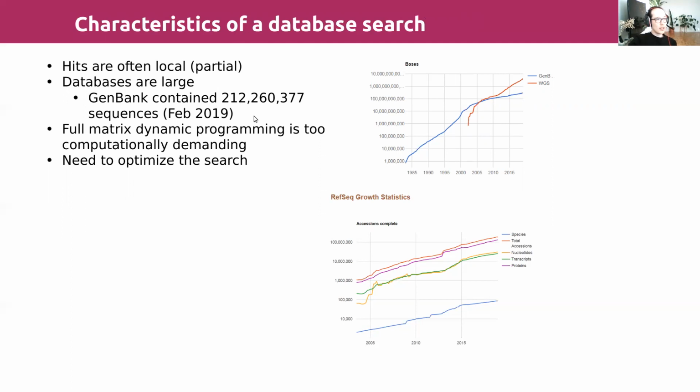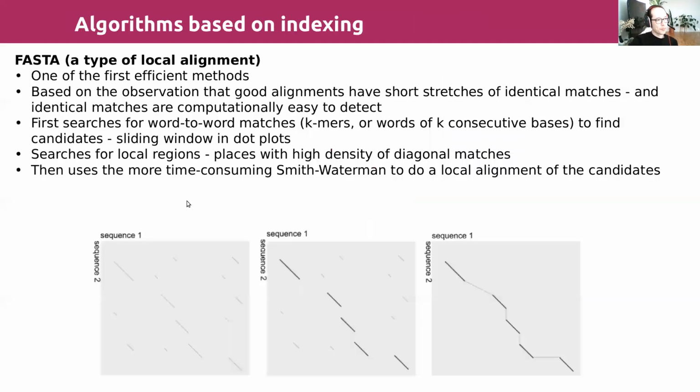So this is a bit of a difficult problem, an optimization problem, especially considering that dynamic programming is very computationally demanding. So it's not going to work for us to simply run Smith-Waterman on 212 million sequences every time, especially when some of those sequences might be very long. So this problem needs to be optimized.